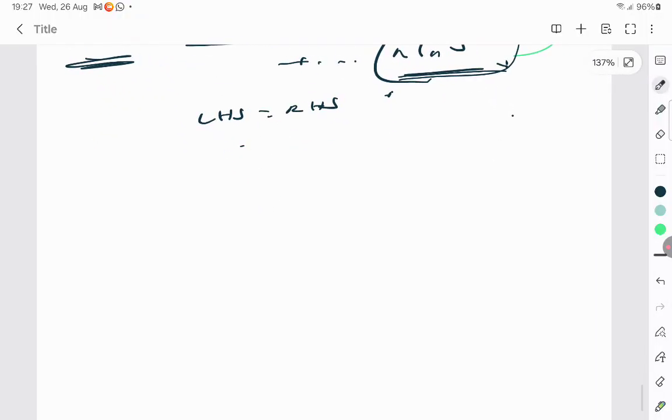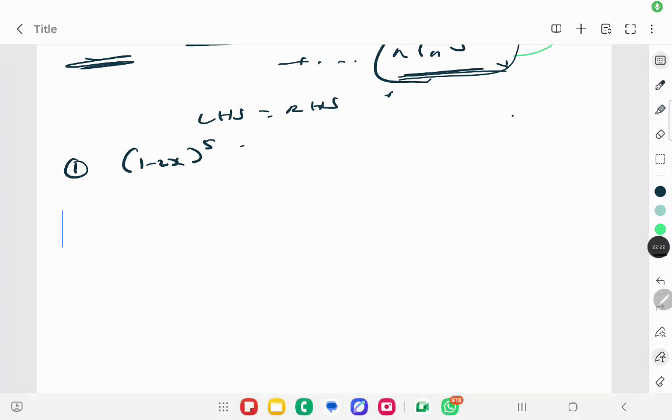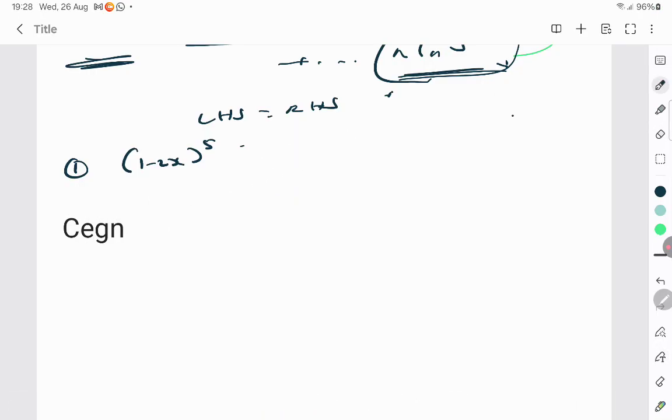So let's go to the first sum. The first few sums that I didn't do: 1 minus 2x the whole to the power 5. I didn't do this sum, right? Let's expand this. Let's keep it as x minus a the whole to the power n. So you know the formula. 5C0, 1 to the power any number ignored, 2x the whole to the power 0.